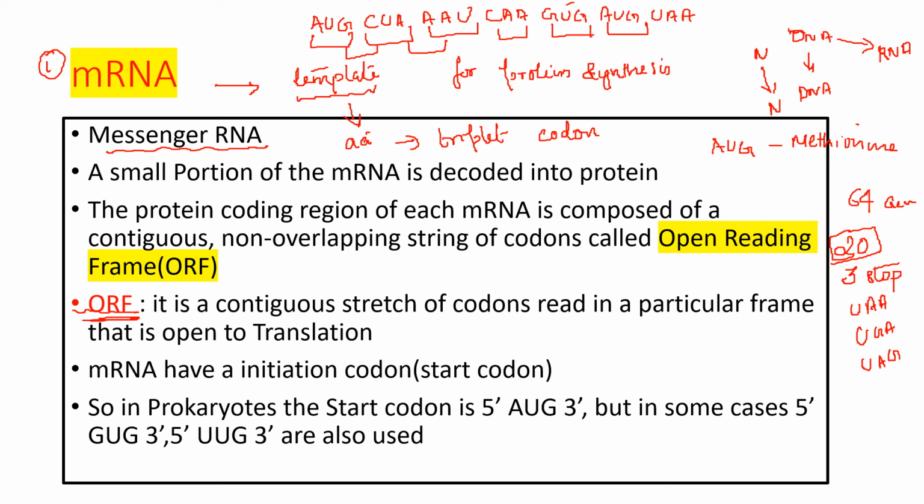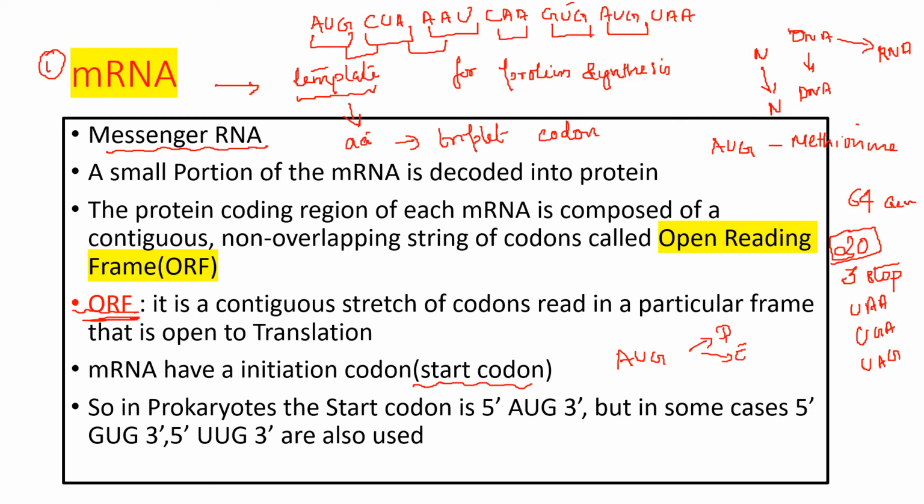Okay, so the next one is that mRNA has initiation codons, like a start codon. So this mRNA has a start codon of AUG in prokaryotes as well as in eukaryotes.